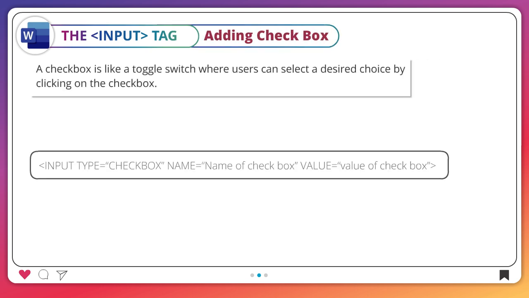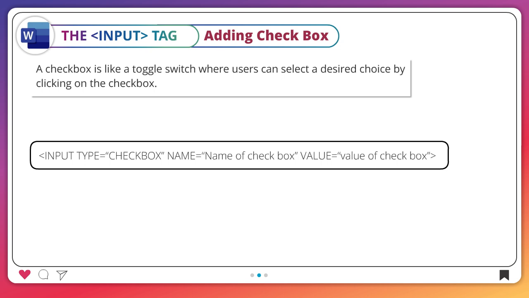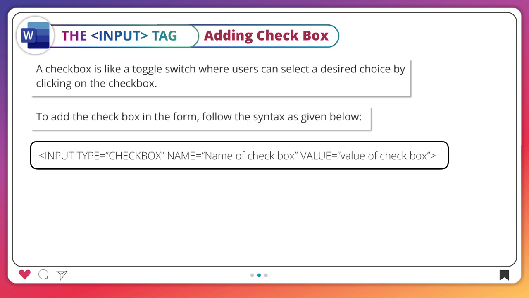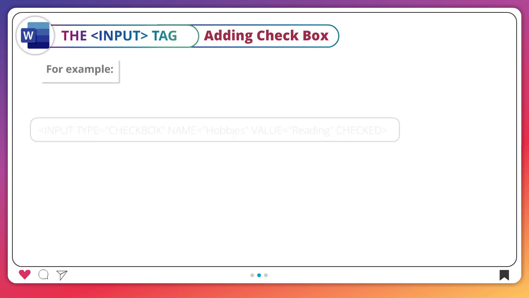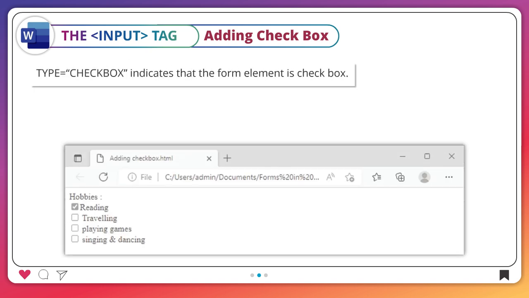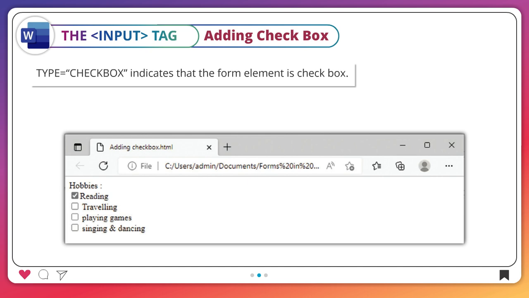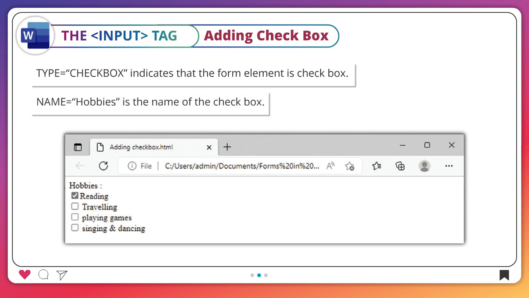Adding checkbox. A checkbox is like a toggle switch where users can select a desired choice by clicking on the checkbox. To add the checkbox in the form, follow the syntax as given below. For example, type equals "checkbox" indicates that the form element is a checkbox.